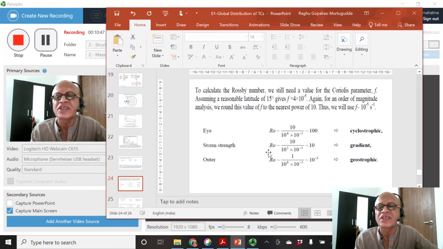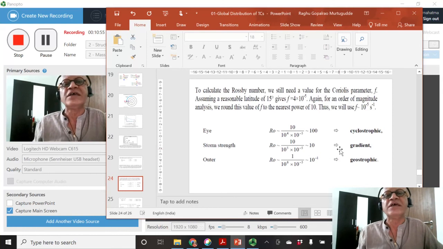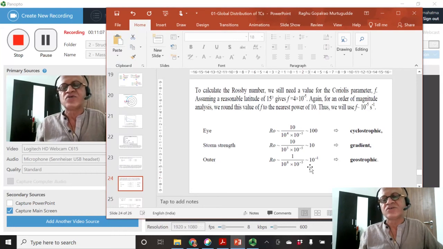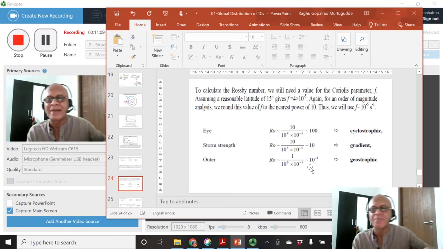The storm strength region is at a Rossby number of 10, where we have gradient wind balance, so centrifugal and Coriolis together are balancing the pressure gradient force. At the outer edge of the cyclone we have the Rossby number dropping to less than 0.1, so we have close to geostrophic balance.